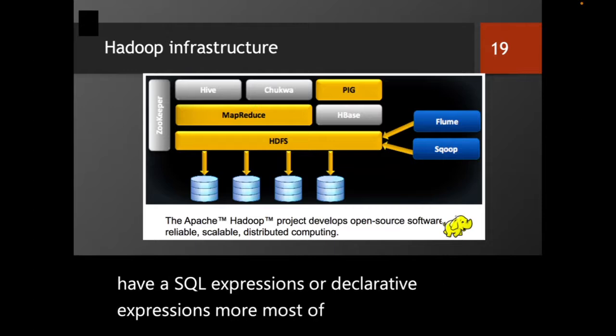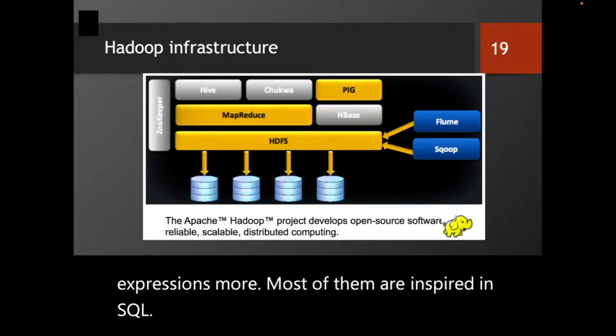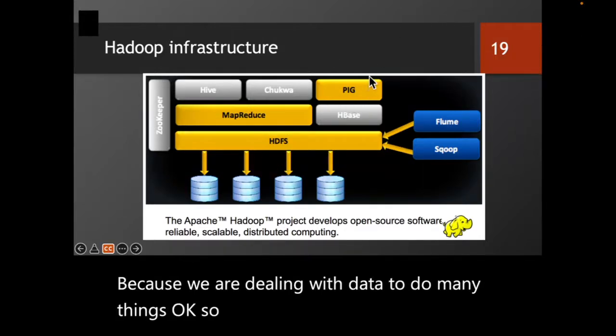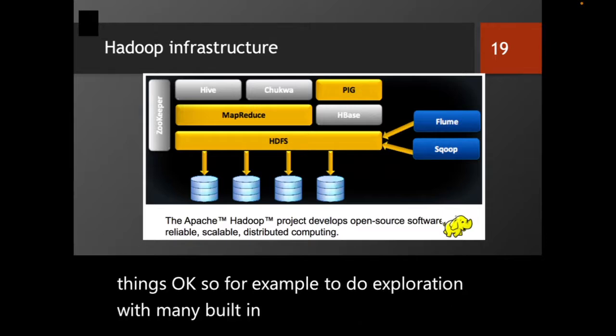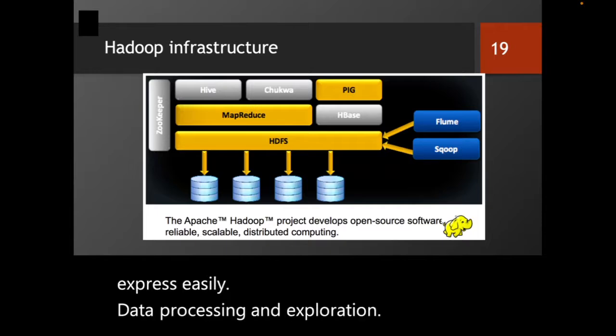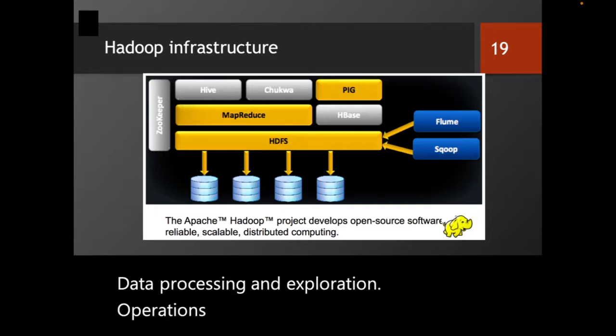Most of them are inspired in SQL, because we are dealing with data, to do many things. So for example, to do exploration with many built-in operations that help you express easily your data processing and exploration operations without having to implement them.